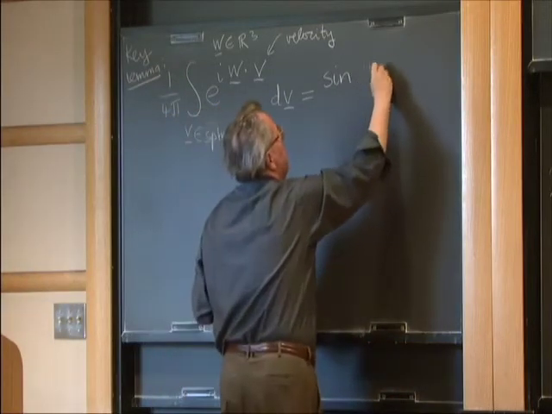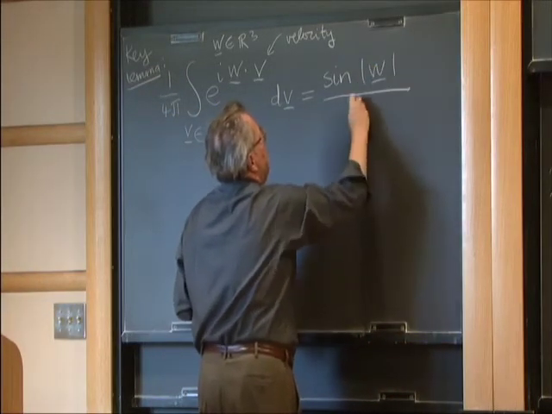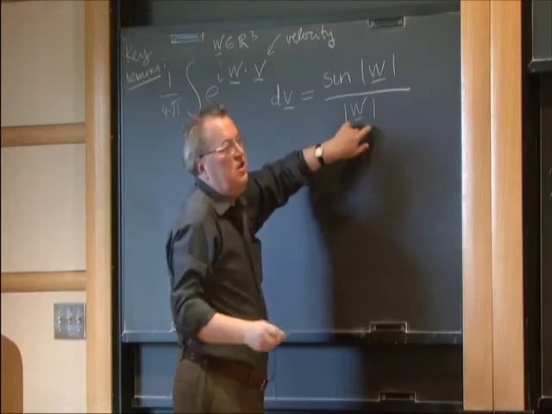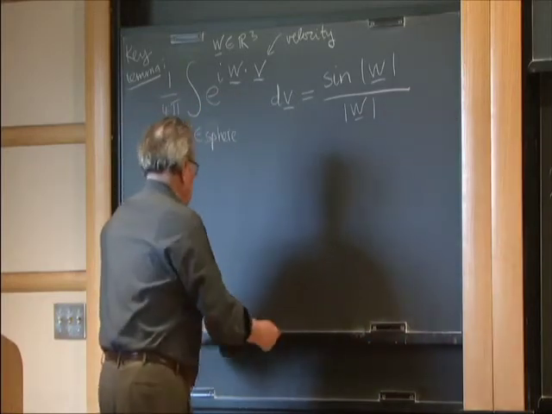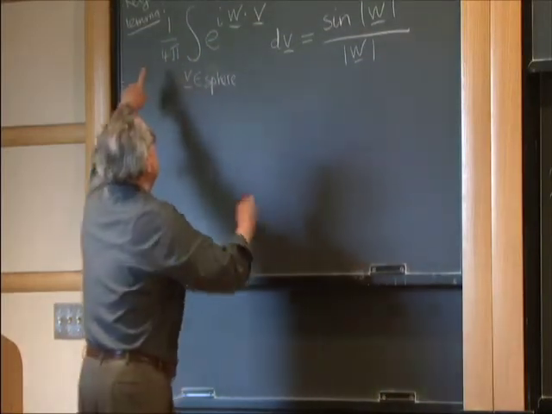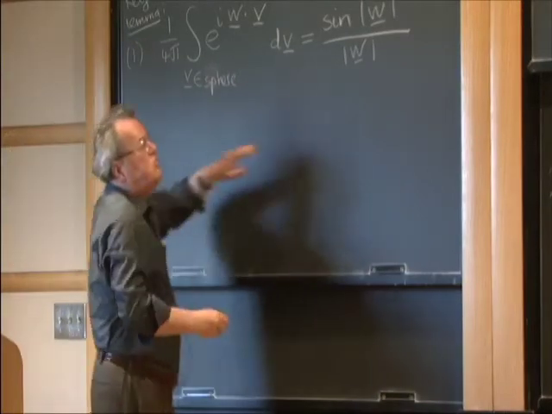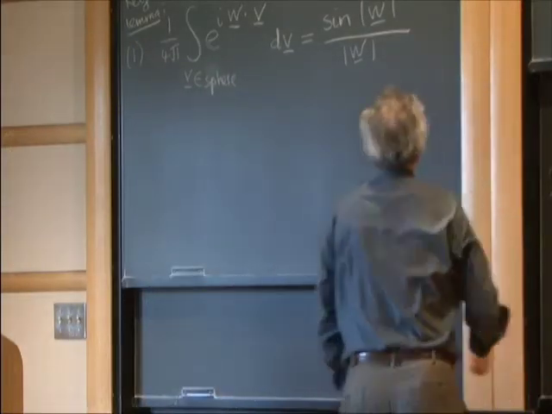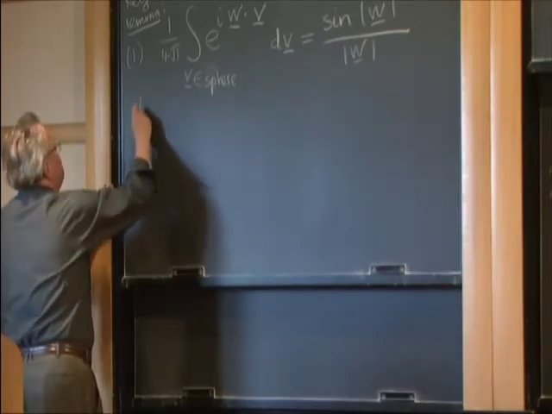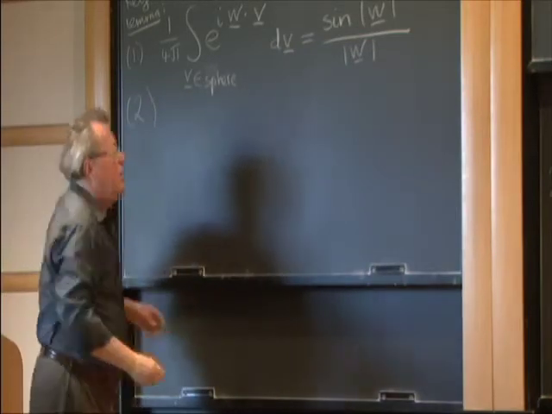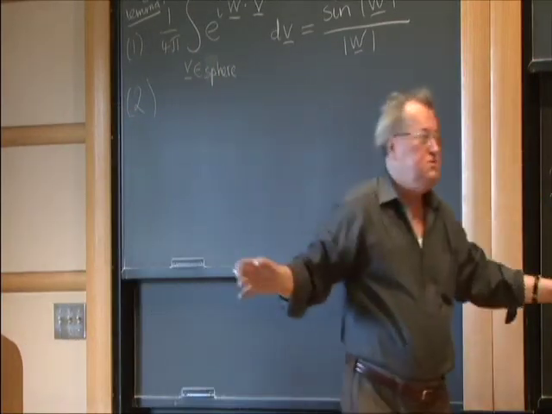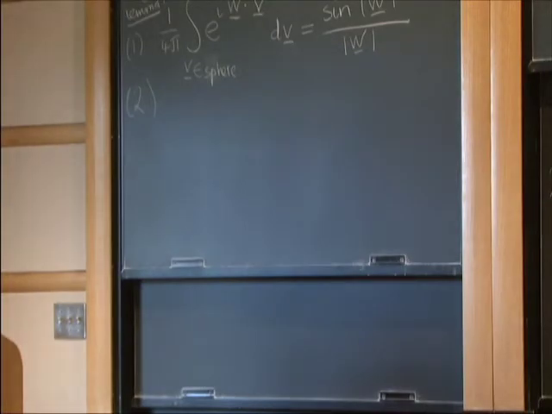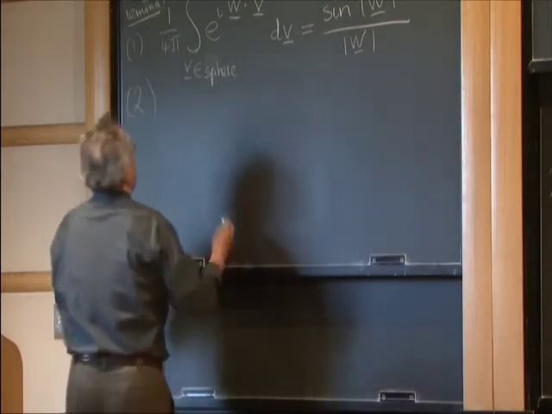Now this is sine of the magnitude of w over the magnitude of w, where this is just the Euclidean norm, so the length of the vector. Now this corresponds to the first case, photons. Now what happens in the second case? Then we integrate over the 3-dimensional space with this distribution, that is the Maxwellian.